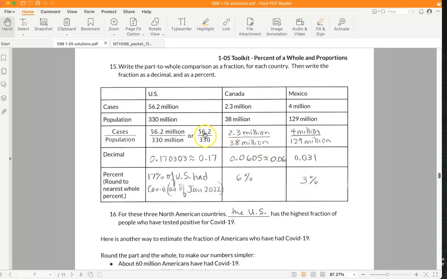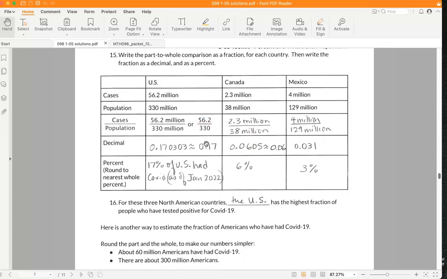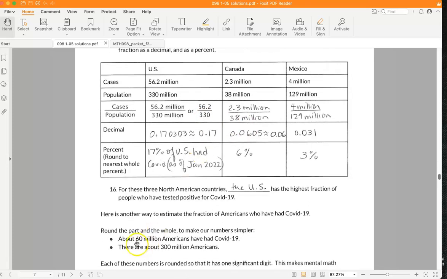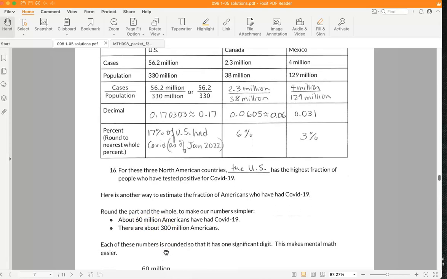Now, if I didn't have a calculator handy and I needed to do mental math, I just wanted to show you that you could round 56 up to 60 and round your 330 to 300. And then you could just put 60 over 300.